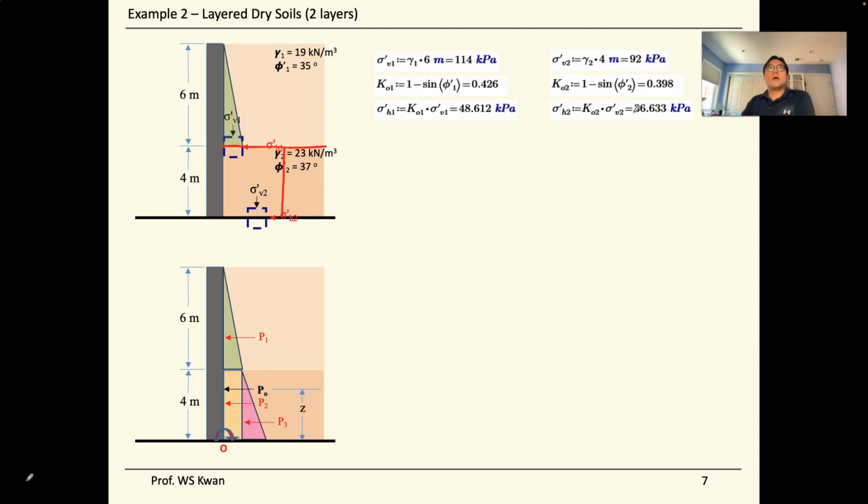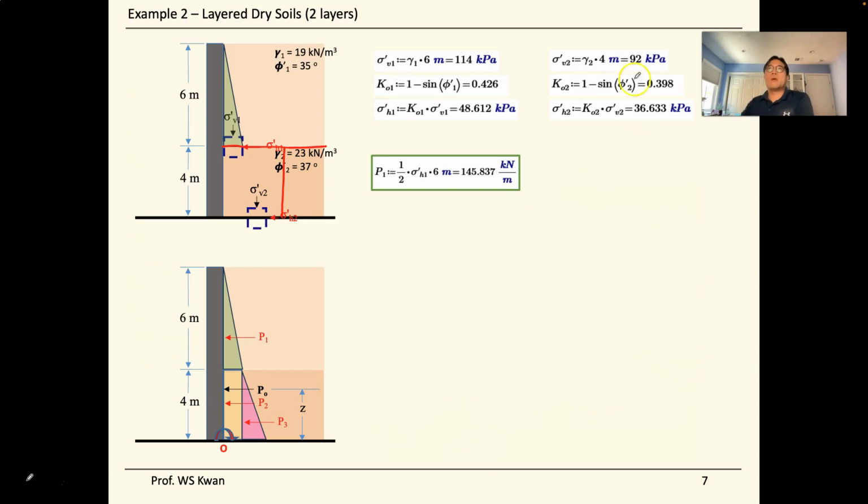The first part of the stress diagram is the top layer, and since we only have the top layer, it's a triangle. Whenever we talk about a single layer, we treat it as a single layer when we just look at the top. Then it's the green triangle right there.